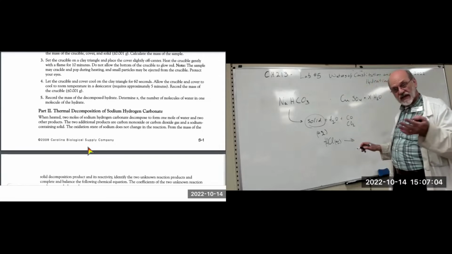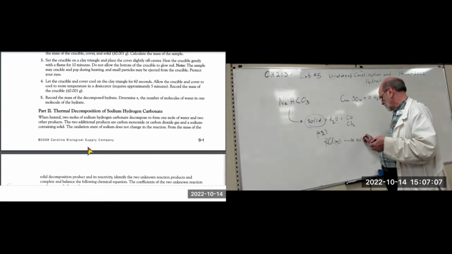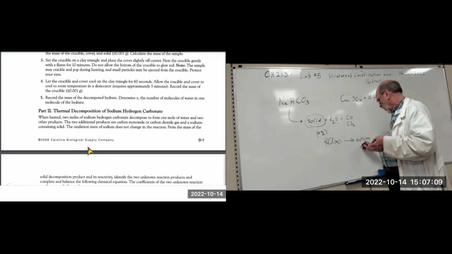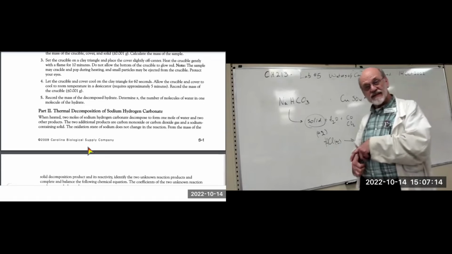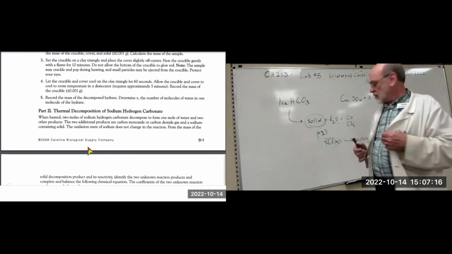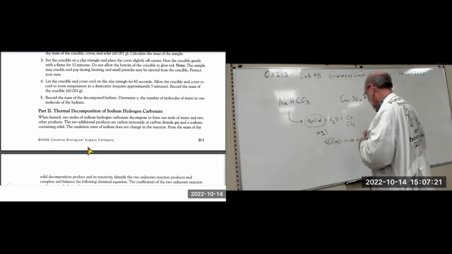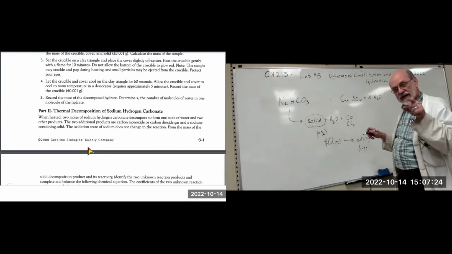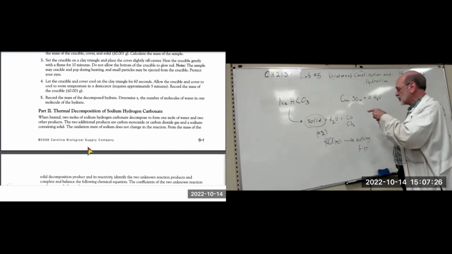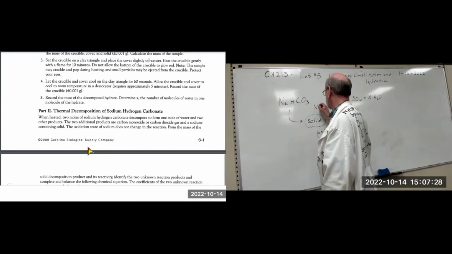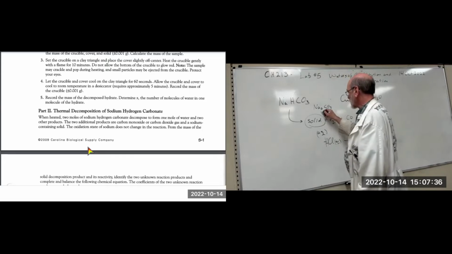It can do one of two things. It can do nothing, or it can fizz. If it fizzes, read the discussion. When it gets to the part where it says the solid could be one of these, it could be this one, that one, or it could be this one, right?